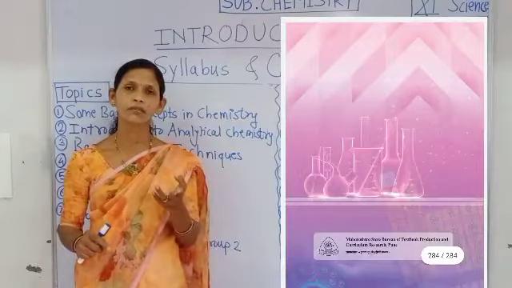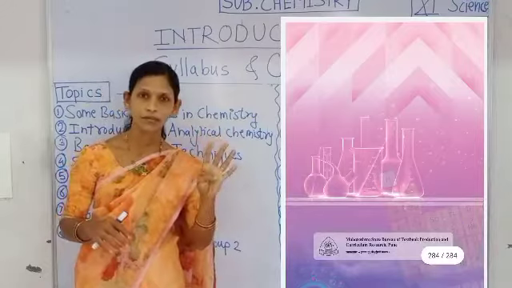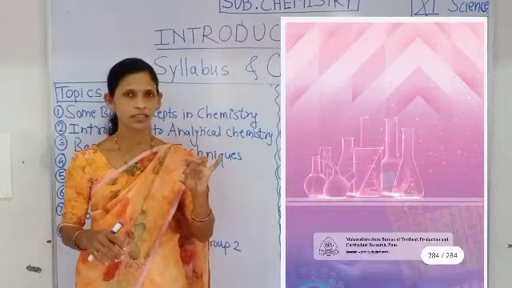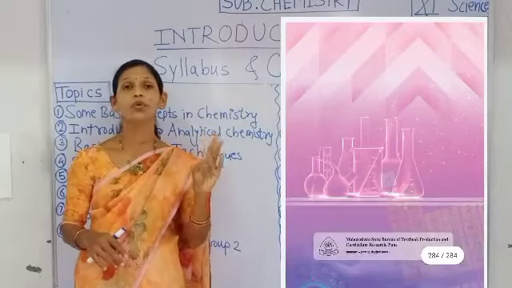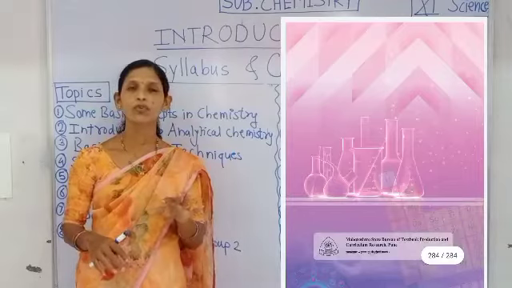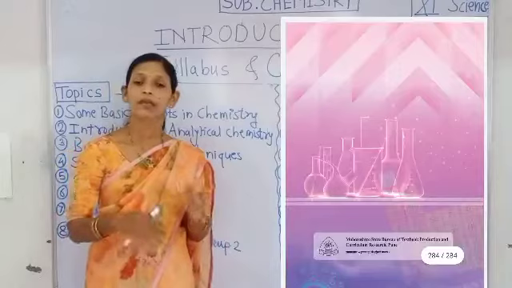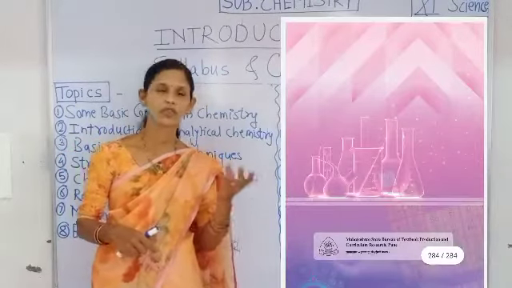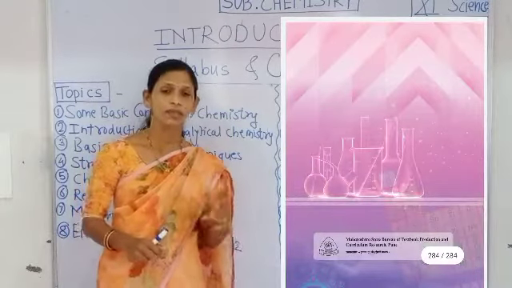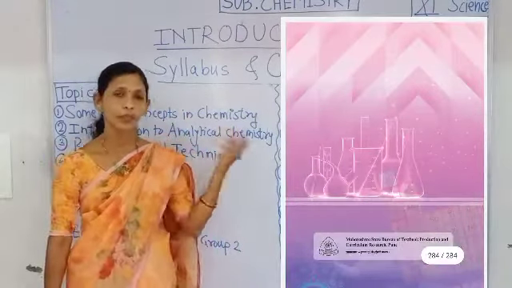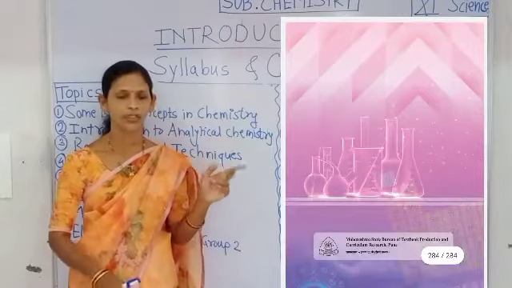Matter exists in five states: solid, liquid, gaseous, the fourth one plasma, and Bose-Einstein condensate. All of you studied about that in 9th standard. In states of matter you will study the solid, liquid and gaseous states.